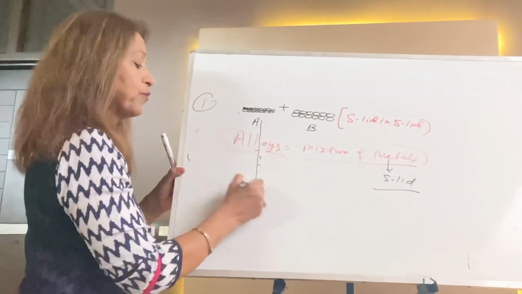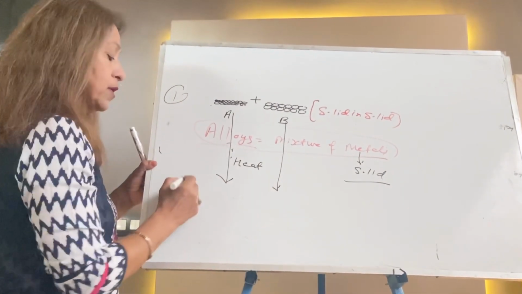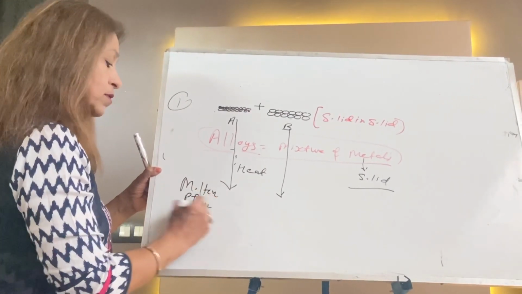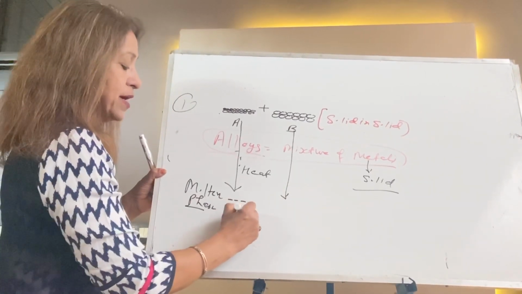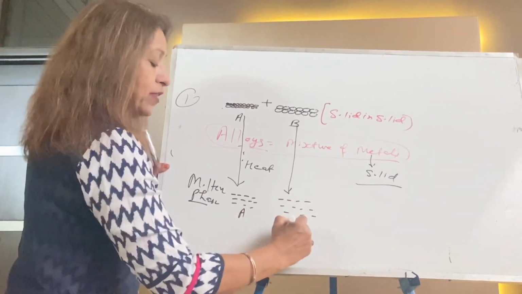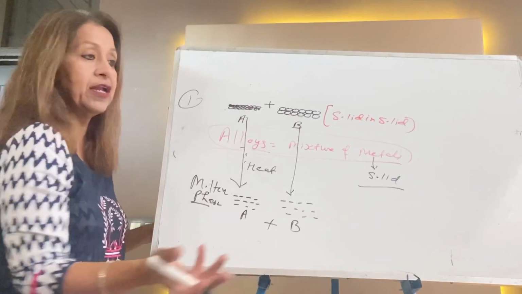But what you will do is heat those solids and convert them into the molten phase. They will melt, solid A and solid B. Now when these two solids melt, you can mix them freely.